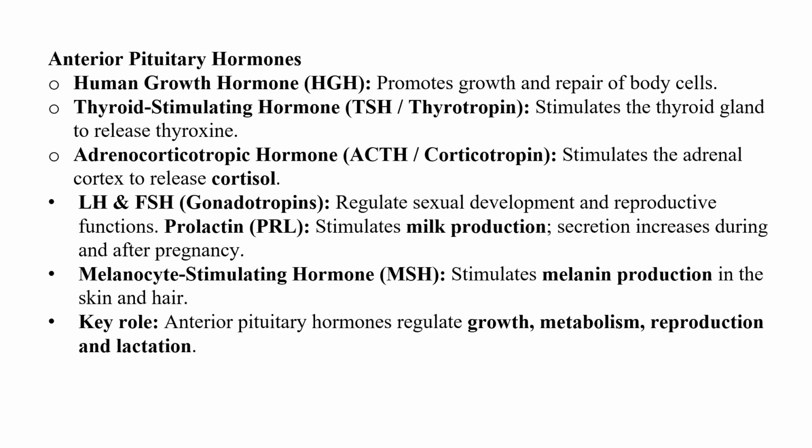The anterior pituitary produces several important hormones. The first is human growth hormone, also known as HGH. It promotes the growth and repair of the body cells. Next is thyroid stimulating hormone or TSH.